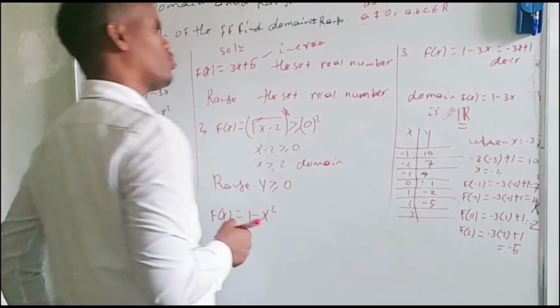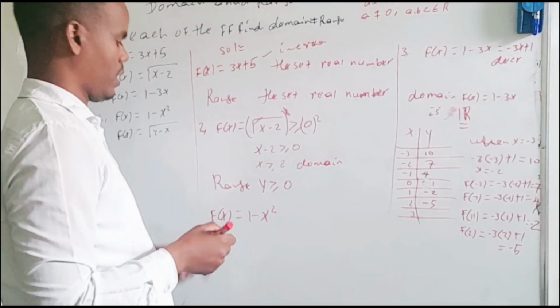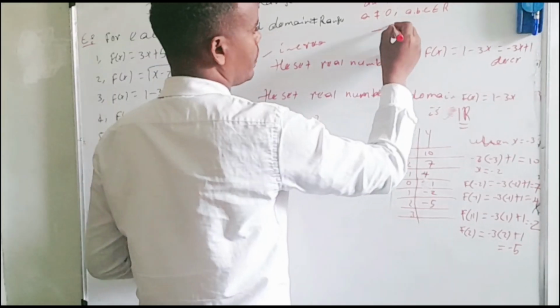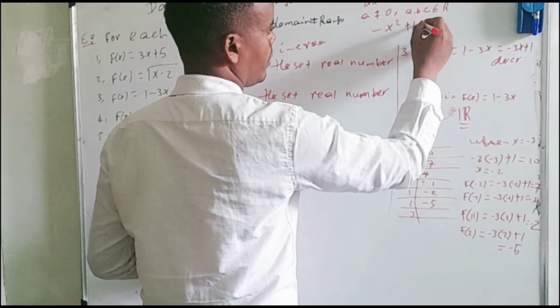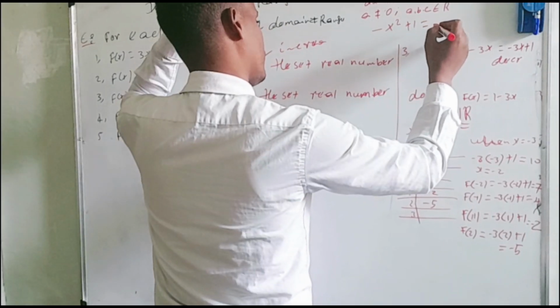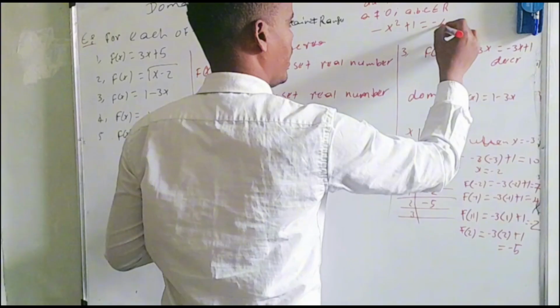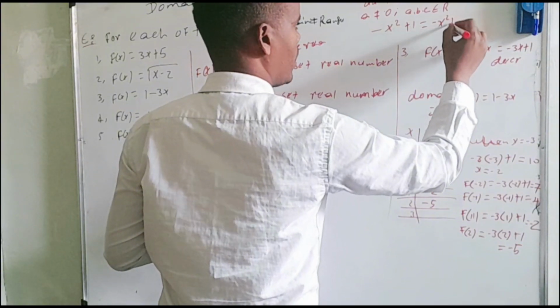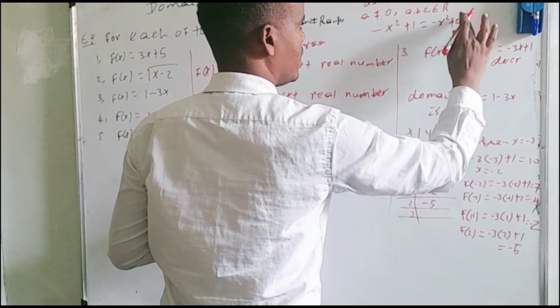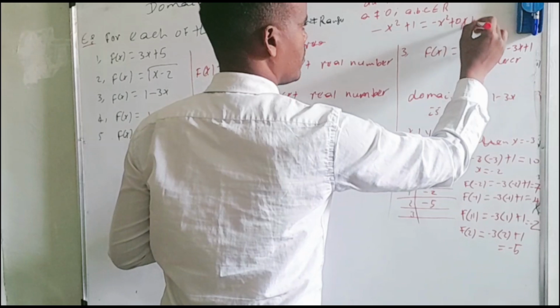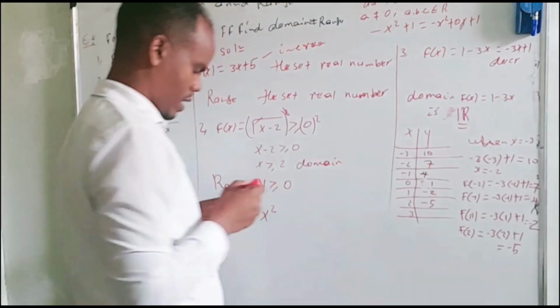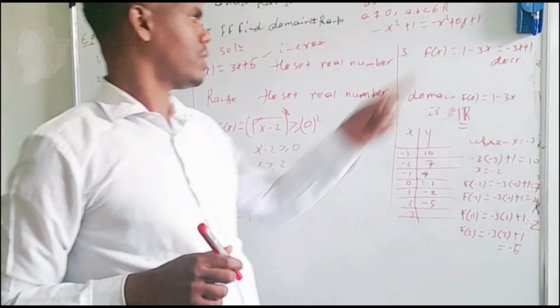Then this function is called a quadratic function. So here, minus x to the power of 2 plus 0x plus 1, so this is quadratic.